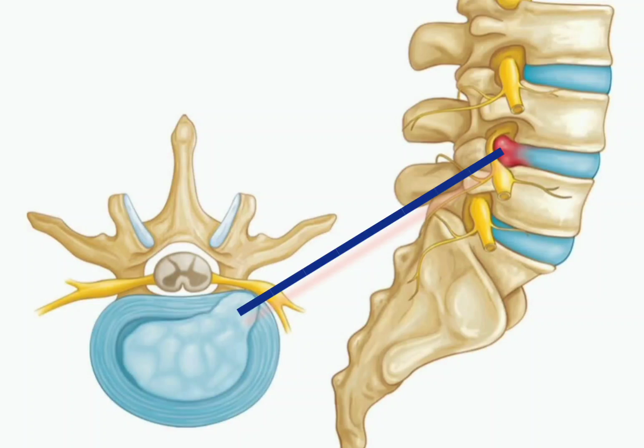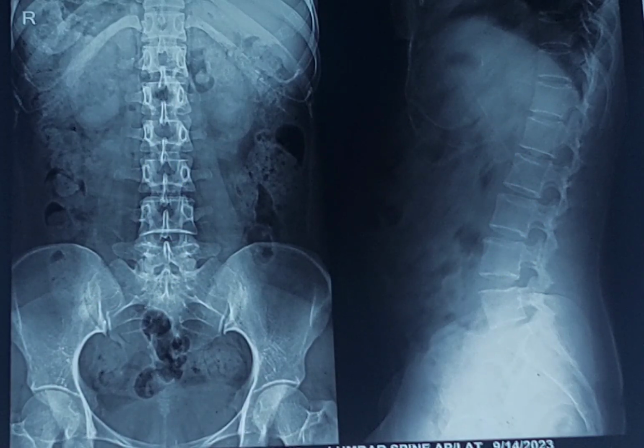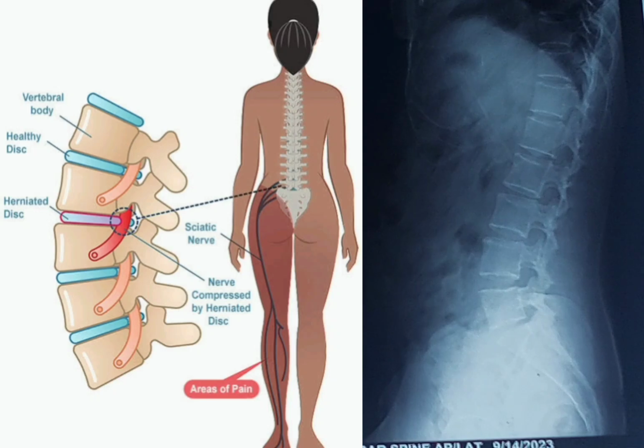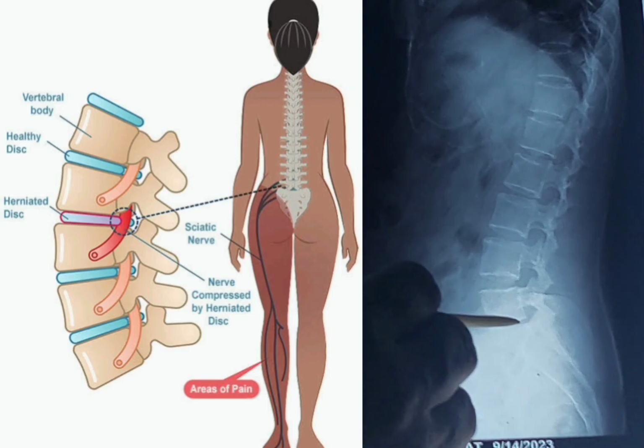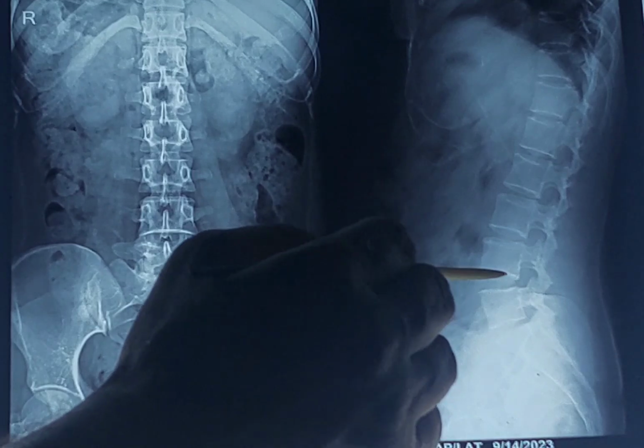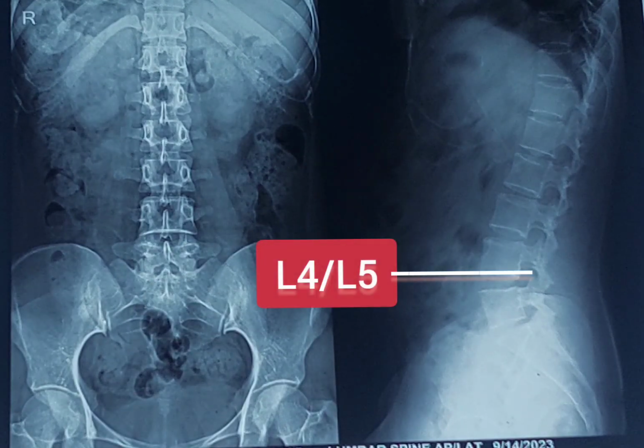So the effect depends on the direction of the prolapse, either posteriorly to the spinal cord, or posterolateral to the spinal nerve roots. Which disc is commonly involved? It is usually between L5 and S1, this one here, the commonest site, followed by L4 and L5. These two areas are the commonly affected sites of disc prolapse.